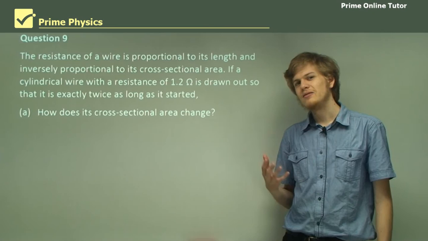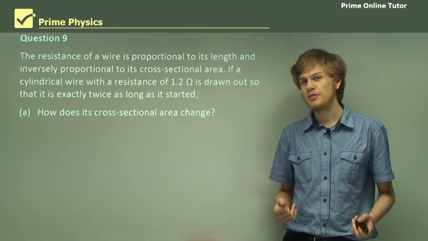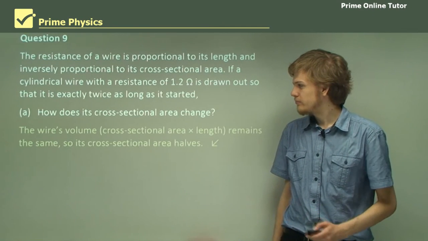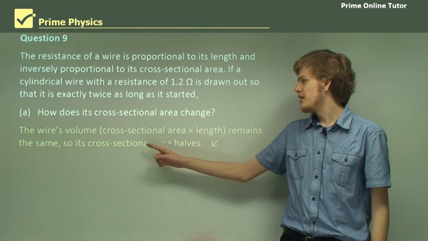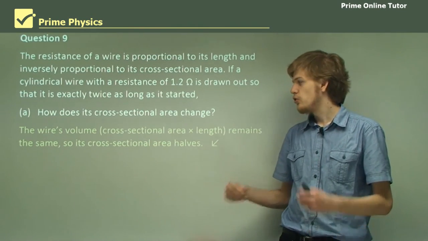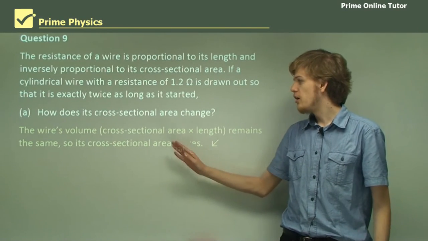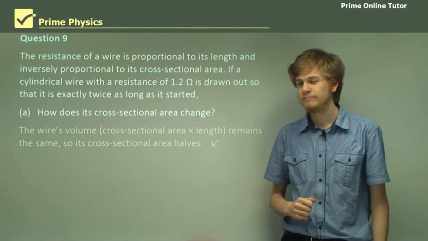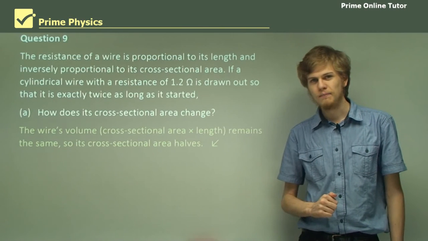Well, think back to the volume of a cylinder that you've learned in mathematics. The wire's volume, which is cross-sectional area times length, stays the same. So if we double the length, we have to halve the cross-sectional area. Fairly straightforward, right?